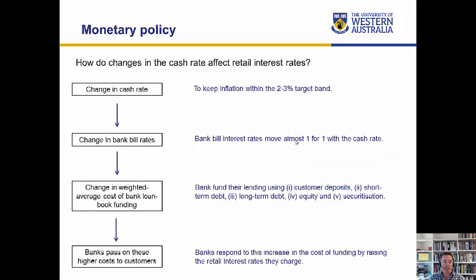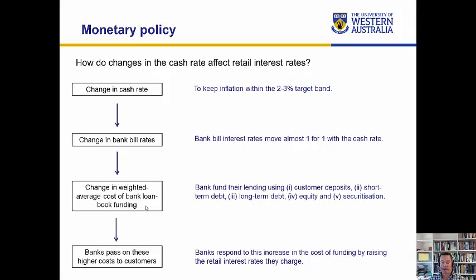So we know a change in the cash rate affects bank bill rates. They almost move one for one. And then a change in bank bill rates changes the weighted average cost of bank loan book funding.